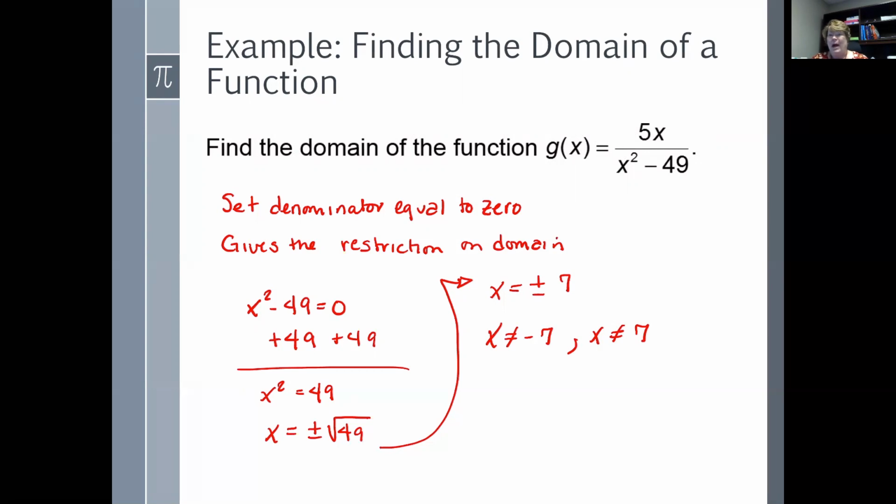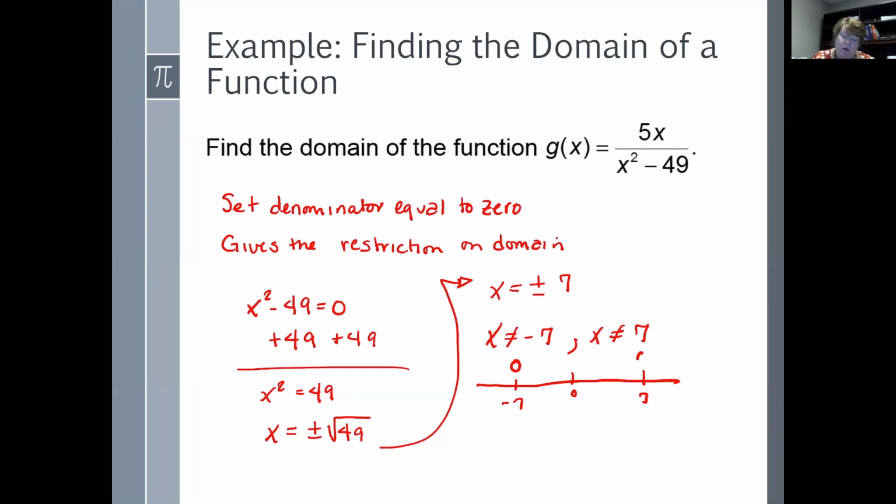All right, so how do I write this in interval notation? Well, I think the easiest way to see how to write it in interval notation is to draw a quick graph of this. So I have my number line, and I have a hole at -7. x cannot equal -7.